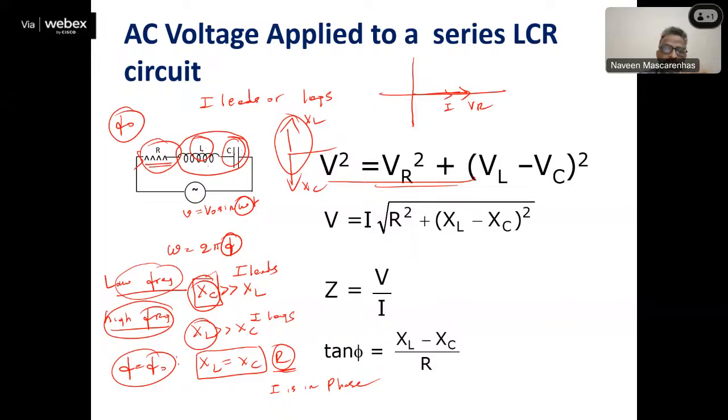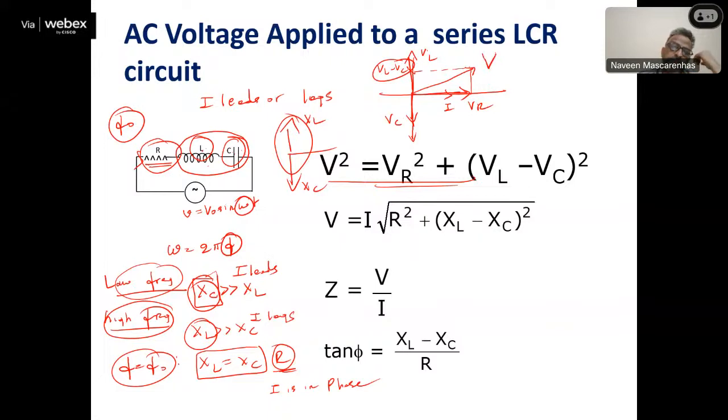And current leads the voltage across C, and current lags the voltage across the coil. And if I say that this is VL minus VC, assuming that VL is more than VC, then we have this resultant. This is your applied voltage V.